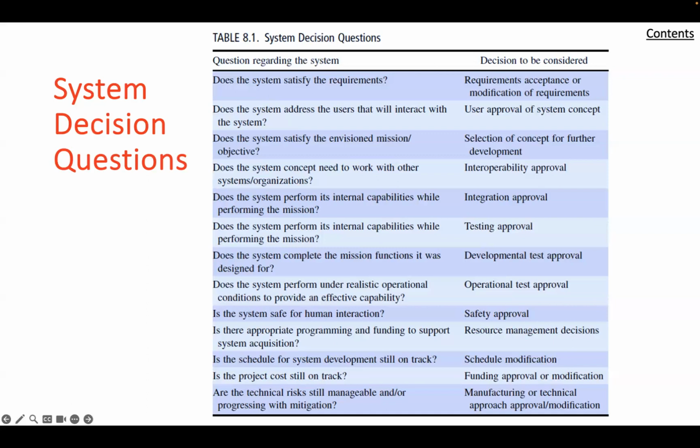additional information. In contrast, NASA uses key decision points, KDP, to determine whether or not the project/program is allowed to enter the next life cycle phase.